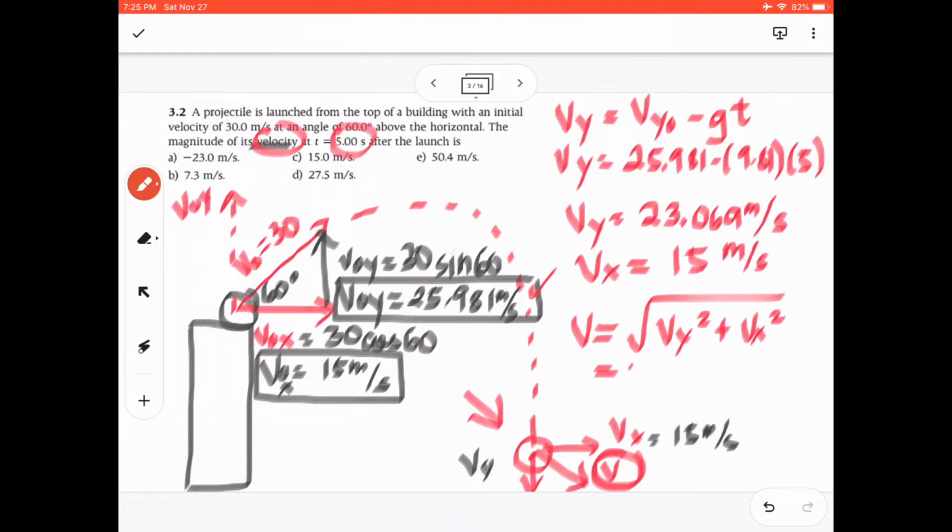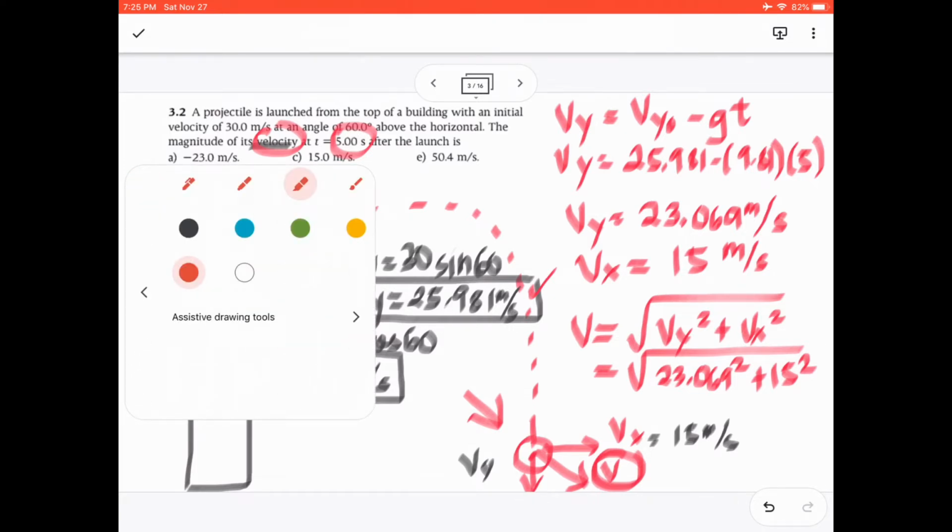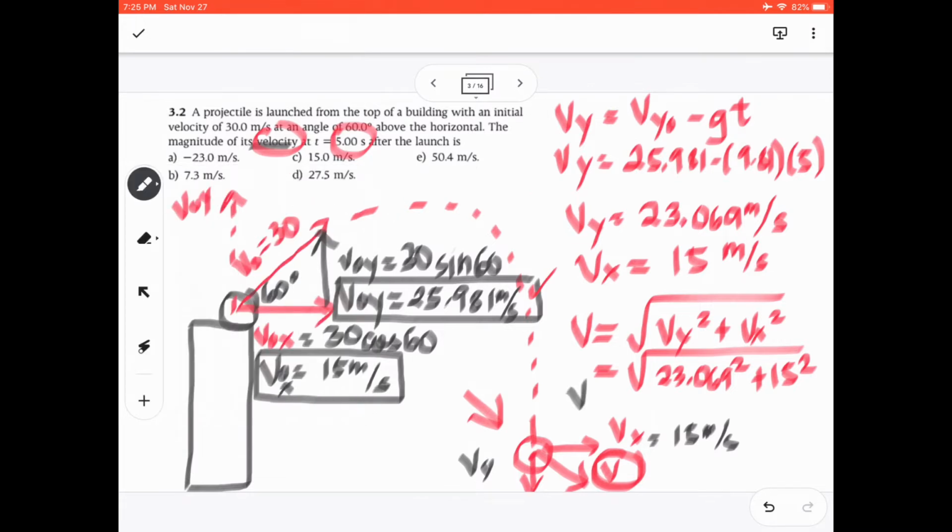Using this, Vy squared is 23.069 squared plus 15 squared, and then you get the root of that. Your V will be equal to 27.51 meters per second, and using two significant figures only, you're going to get 27.5 meters per second, and your final answer will be letter D.